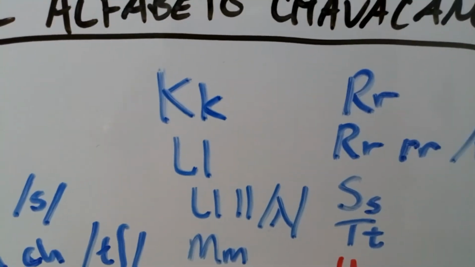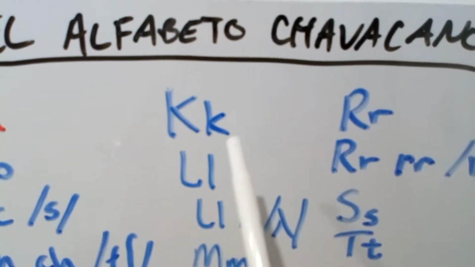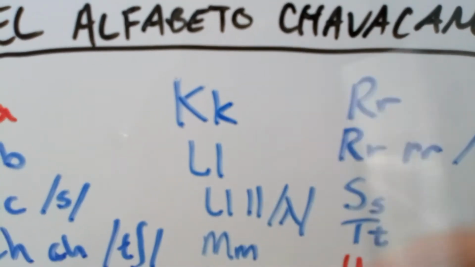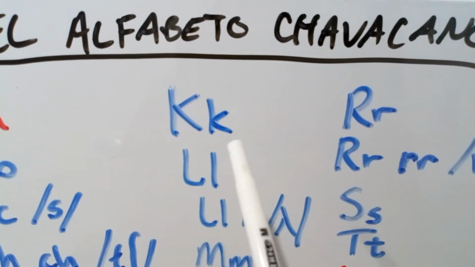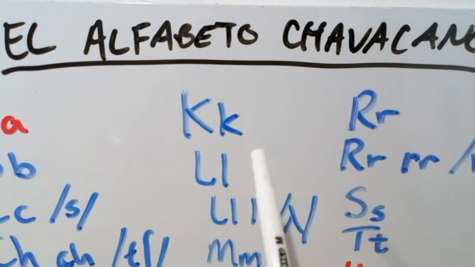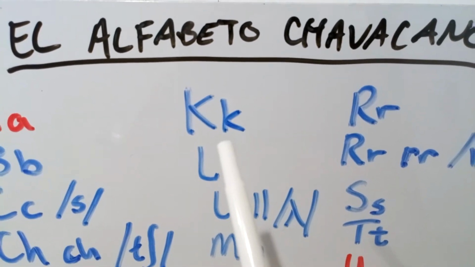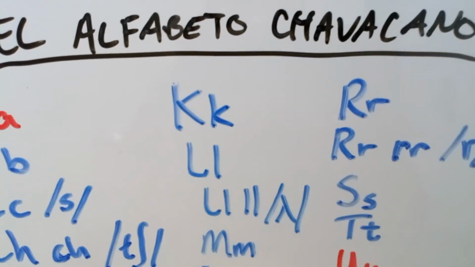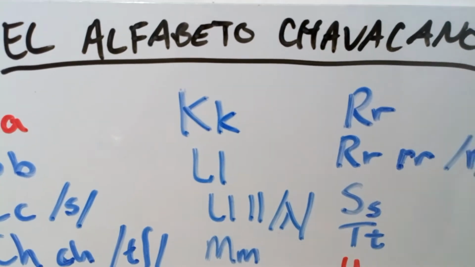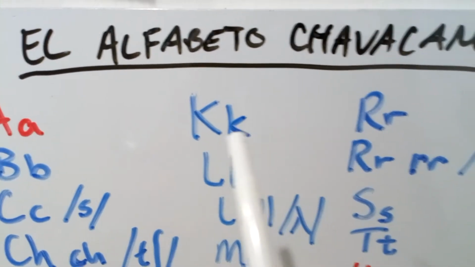Okay, finally the second column, we have ka, and ka came from Spanish, which Spanish actually also borrowed from another language, I think it's Greek, in order to express words with a k sound, but are of foreign origin. So foreign words with a k sound were taken into the Spanish alphabet, and Chavacano adopted it.